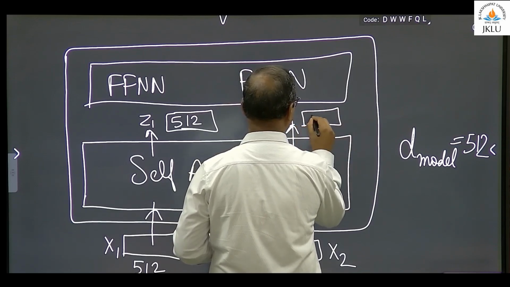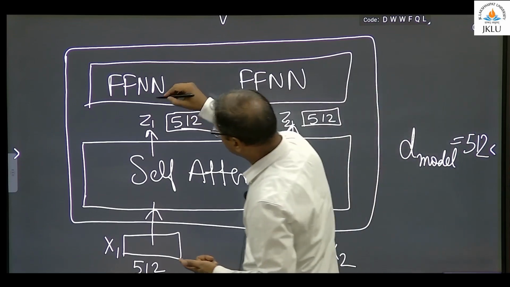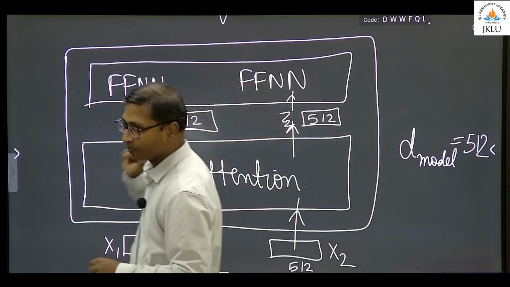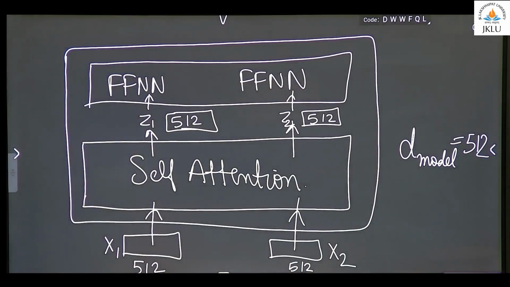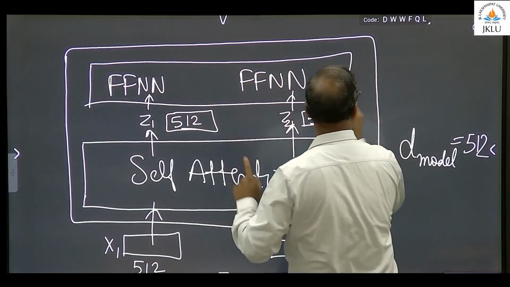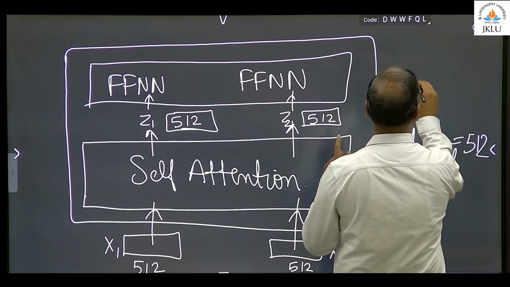Z2 will be 512-dimensional. This is now fed to the feed forward neural network. This is the easy part. How does every FFNN look?